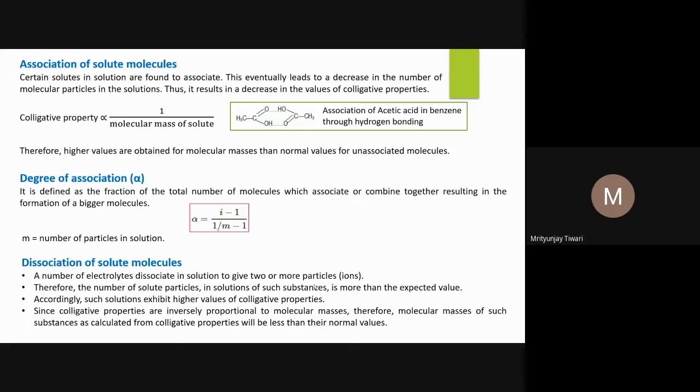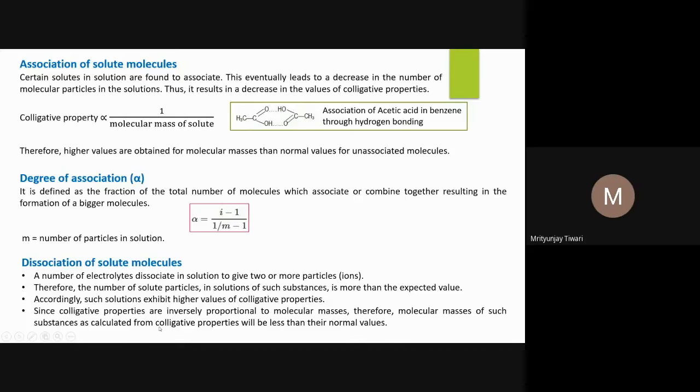So for electrolytes that get dissociated in the solution, the number of solute particles in solution is more than the expected value. A number of solute particles more than the expected value means the colligative property will be more than the ideally expected value. Accordingly, such solutions exhibit higher values of colligative properties.